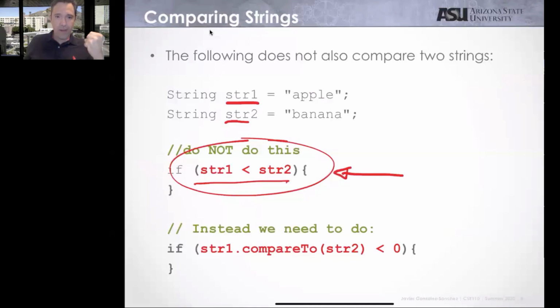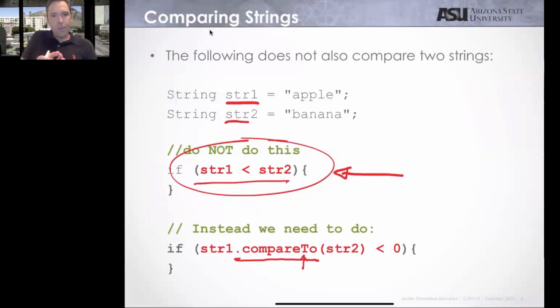You follow a similar approach as before. Instead of dot equals, we have this dot compareTo. And notice that this T is uppercase. Remember that rule about having two words together and you put uppercase the first letter of the second word so it's easy to read?